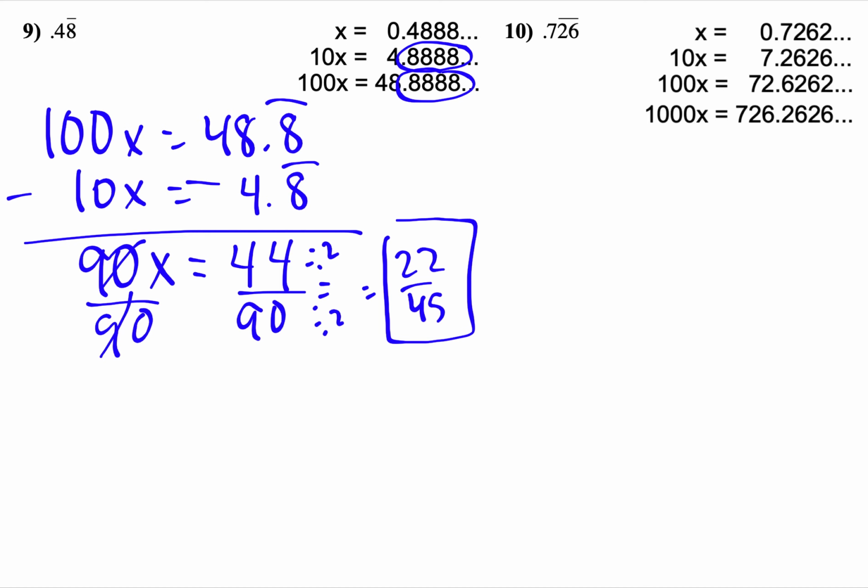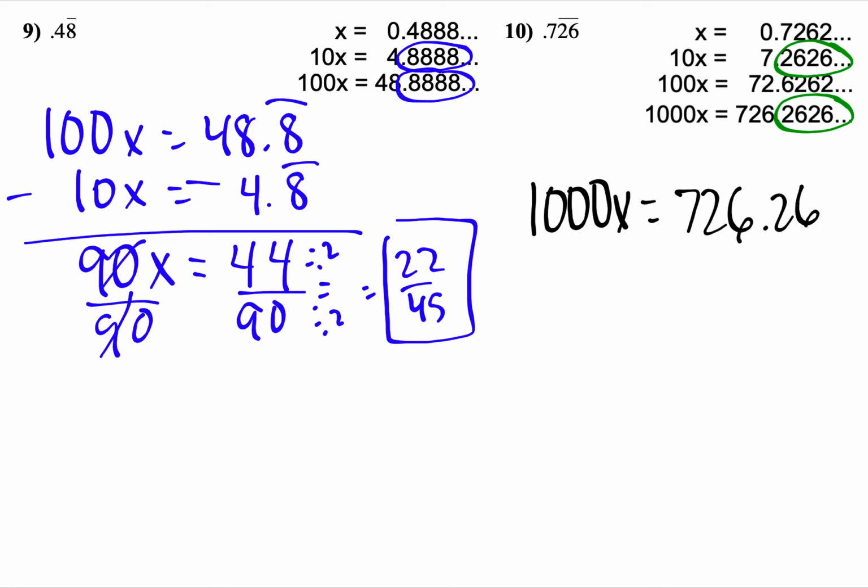First, looking at our list, the first time you get the same decimal parts, the 26 repeating, is 10x and 1,000x. So we are going to use 10x and 1,000x. 1,000x is 726.26 repeating. 10x is 7.26 repeating. We go ahead and subtract those.